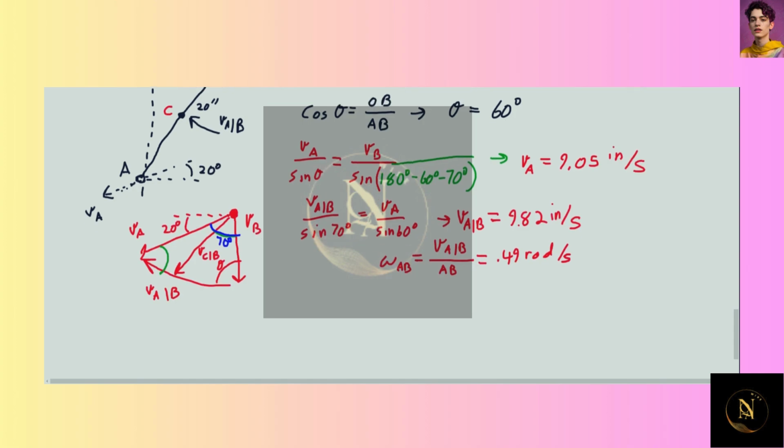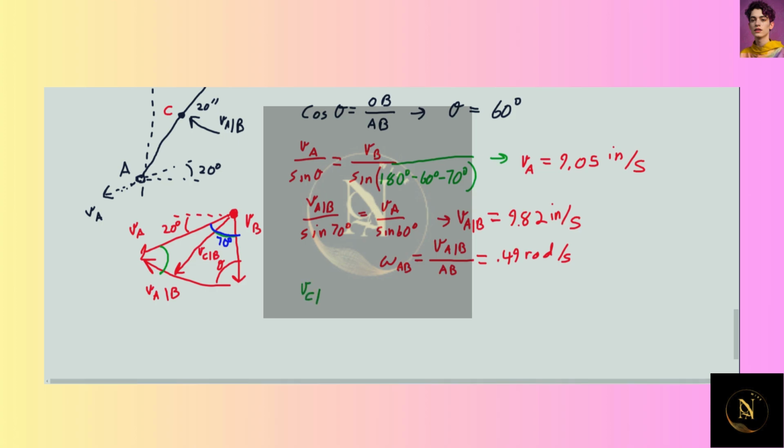We can then find the velocity of C with respect to B by looking at the ratio of the lengths. C is halfway along that bar. So if C is halfway along that bar, it must be moving with half the velocity relative to B that A is.